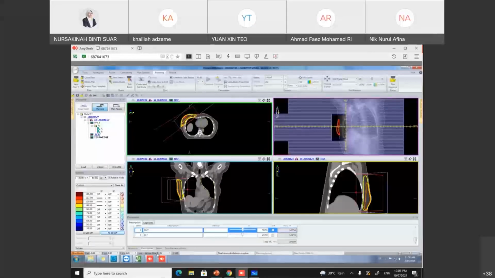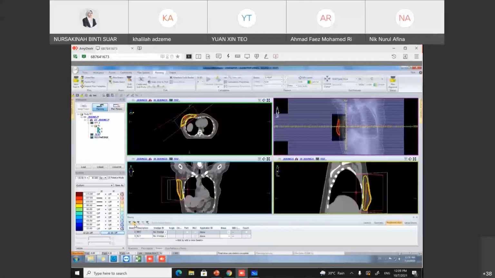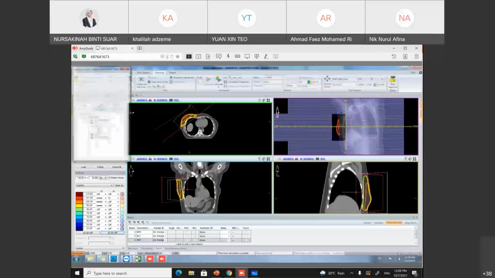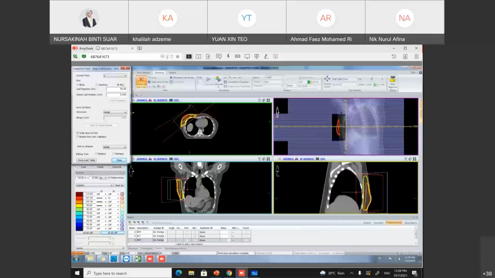So now I will copy my beam, this right medial. Then I will start to shield the hotspot accordingly to what it shows here.